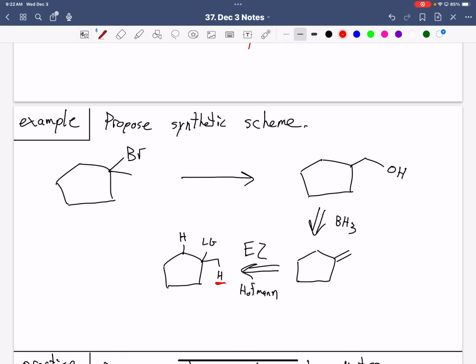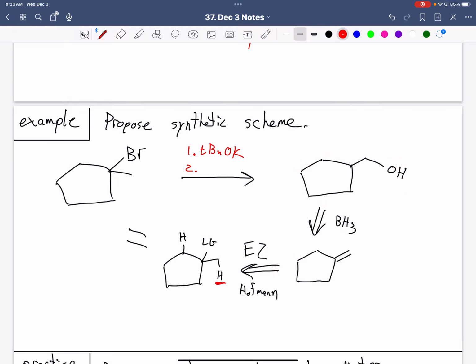So basically we just need a bulky base. And that equals that. So right away, I would just treat this with some bulky base. My go-to is tert-butoxide. That gets me to that alkene.